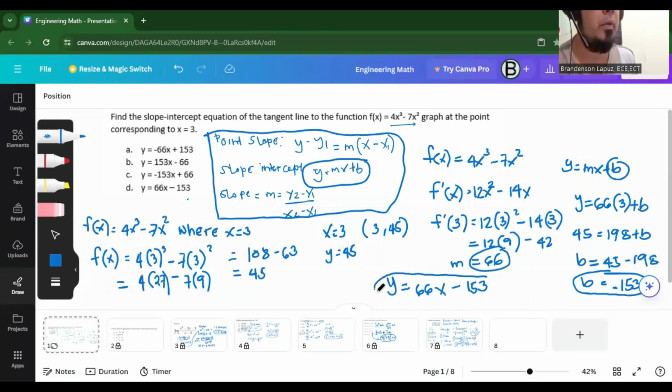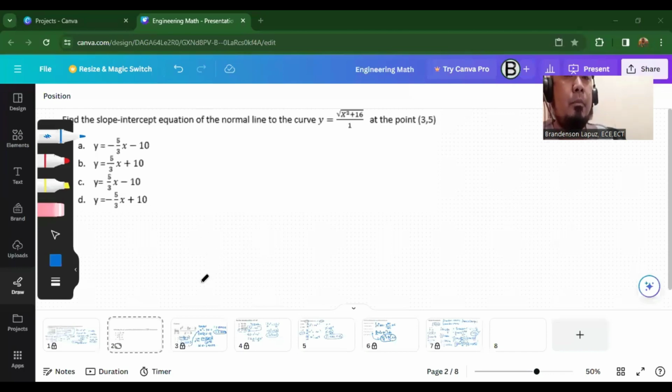This is now your slope-intercept equation. So in our choices, we have letter D.